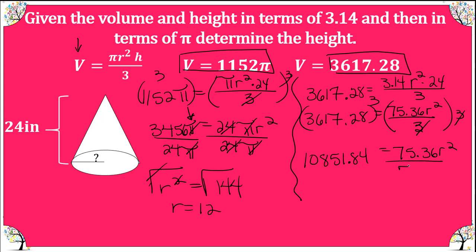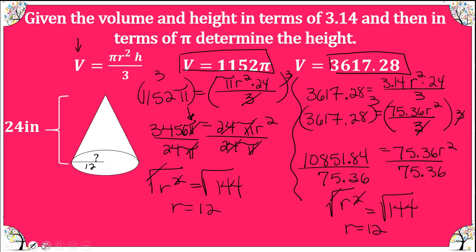And we're going to divide that by our coefficient, 75 and 36 hundredths. And we get 144. We're going to take the square root of both sides. And our R is 12. Our radius is 12. I hope this helps.